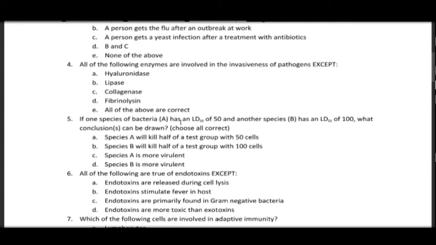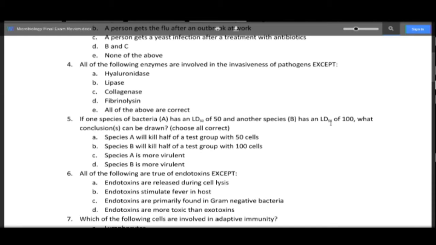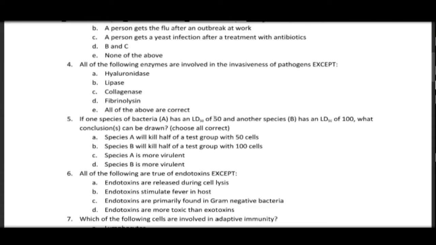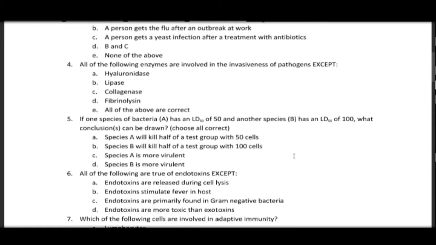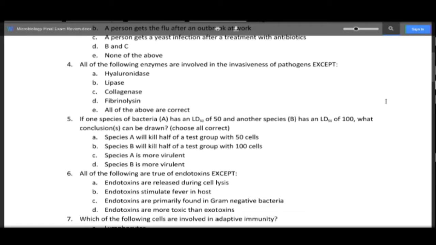For species A, it only requires 50 cells, and species B requires twice that much. So because species A only requires 50, it's more virulent than B because it doesn't require as many cells to do the same amount of damage. Okay. So for choose all that apply, our answers should be A, B, and C. Species B isn't more virulent because it requires more cells to do the same amount of damage as species A. Okay.